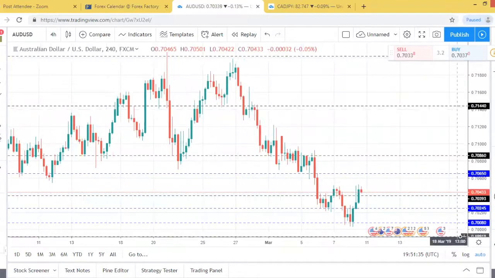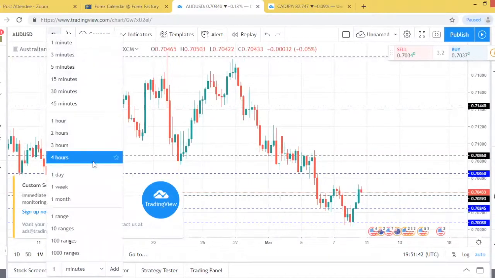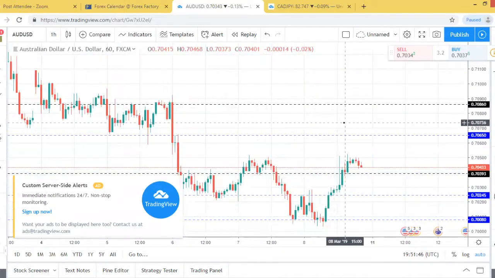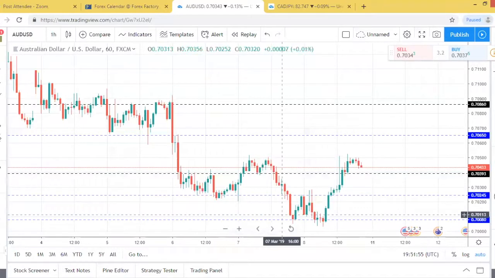So we've come down to the 0.70 handle. We've had some good support come in from that price level. Take that down to the hourly, we can see in a little bit more detail. We've had a good rejection from these lows.